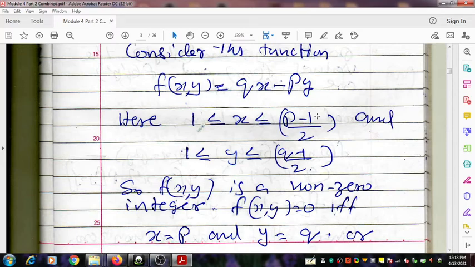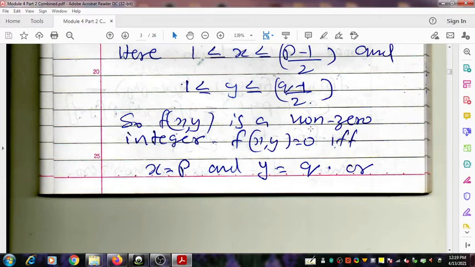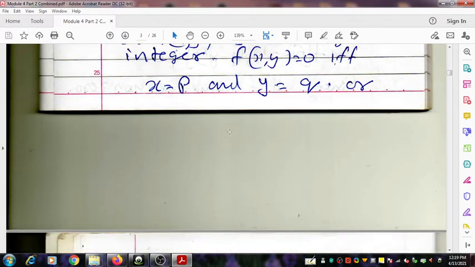Those values fall far away from the upper value for both x and y. Therefore, all the possibilities that the function is equal to 0 are now removed.